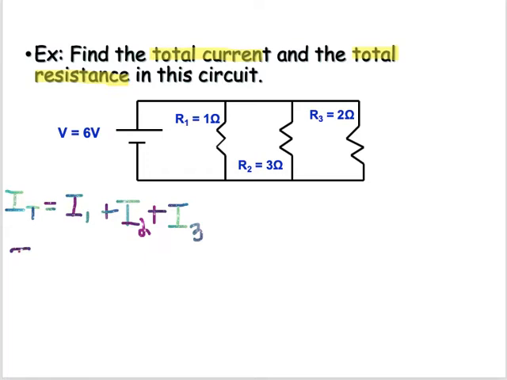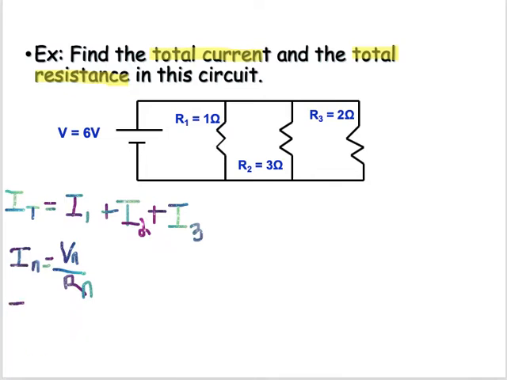So remember our equation here was the current at N resistor is equal to the voltage at that resistor divided by the resistance at that resistor. So let's go back and do this for all of our different resistors.